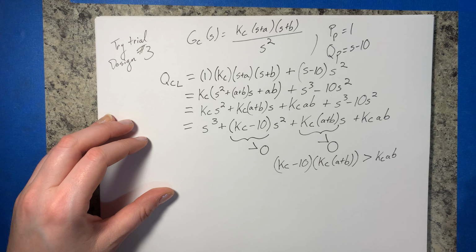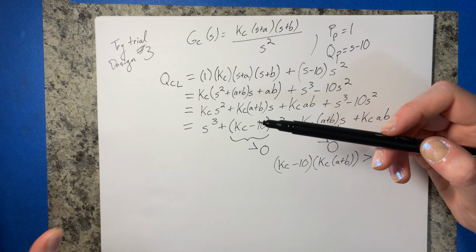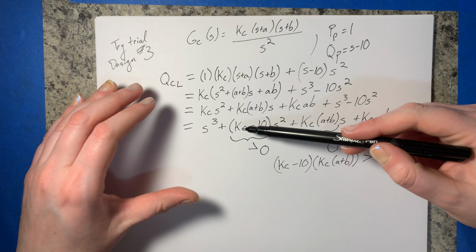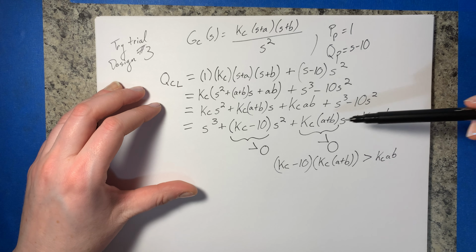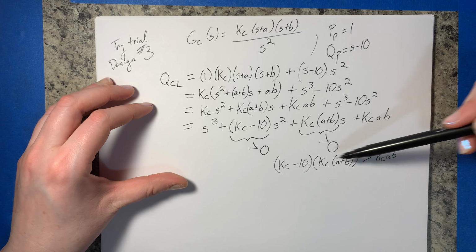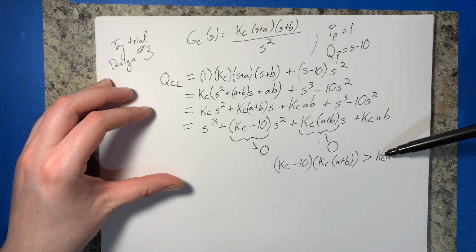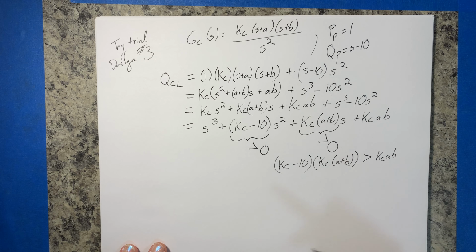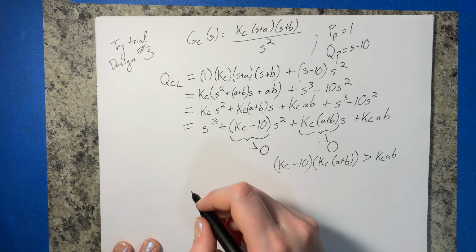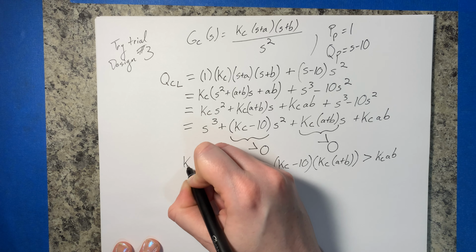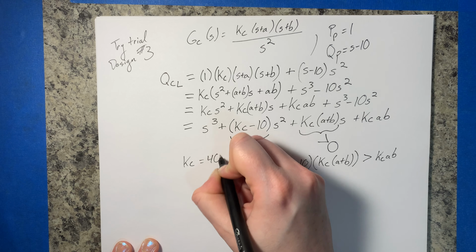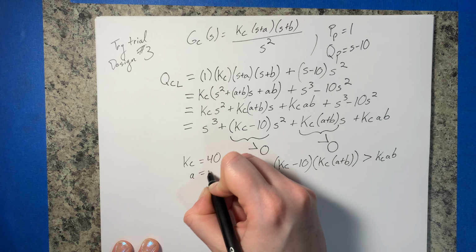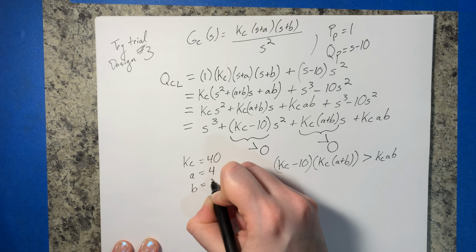And then as long as you're careful in your values for KC and A and B, you can easily choose something where these multiplications are larger than this one. So for example, we could choose something like KC equal 40, A equal 4, and B equal 2.